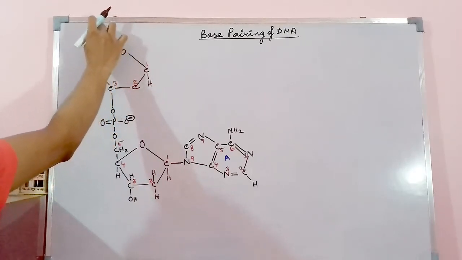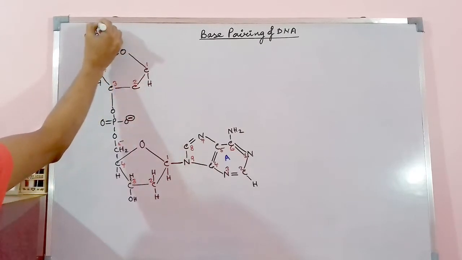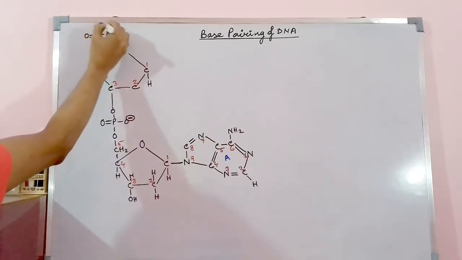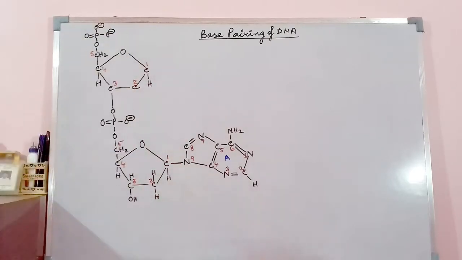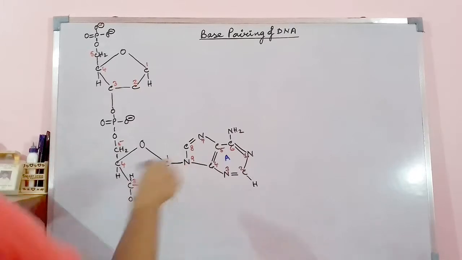If I consider this as the ultimate end, here oxygen would have an extra electron, here also oxygen would have an extra electron, because there is no other atom sharing this unshared, unbonded electron of the oxygen. Now this is all about the adenine base which I have drawn here.